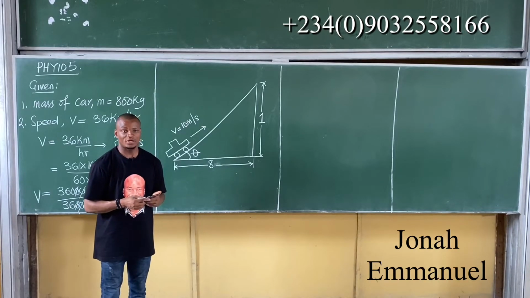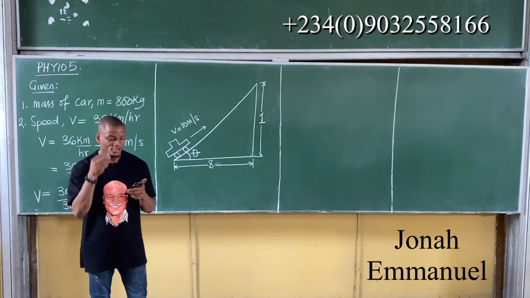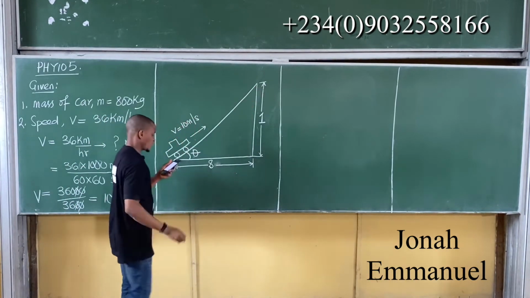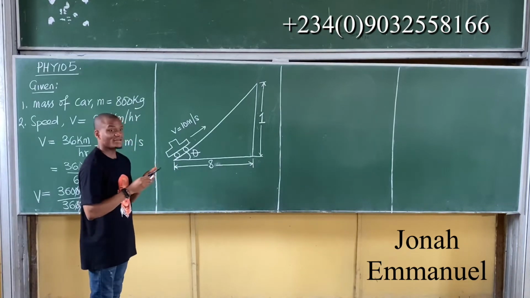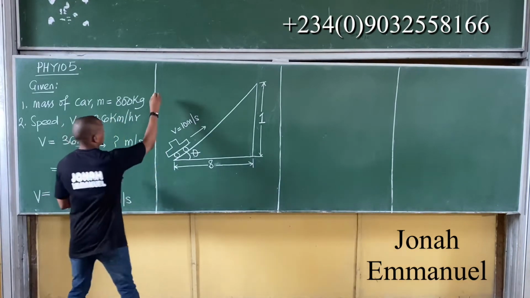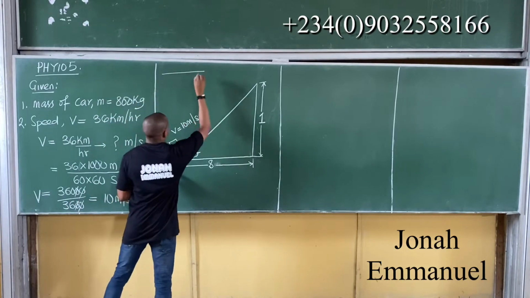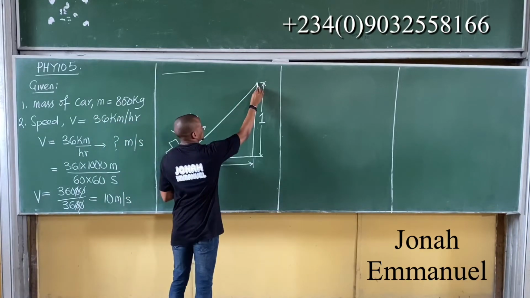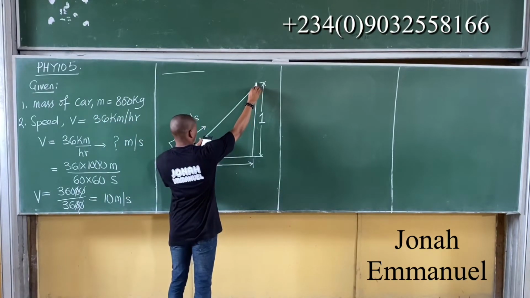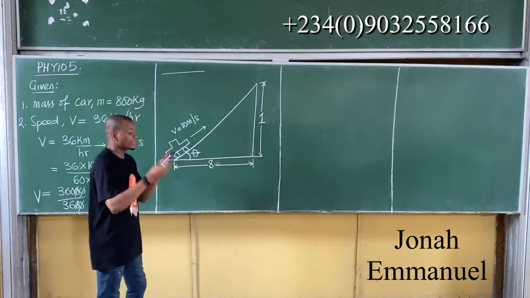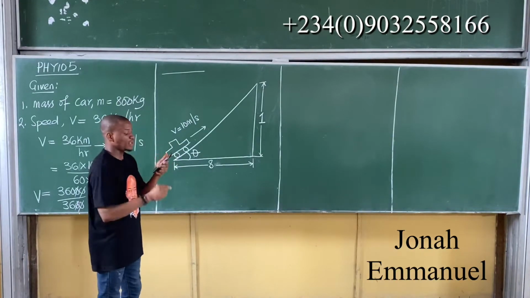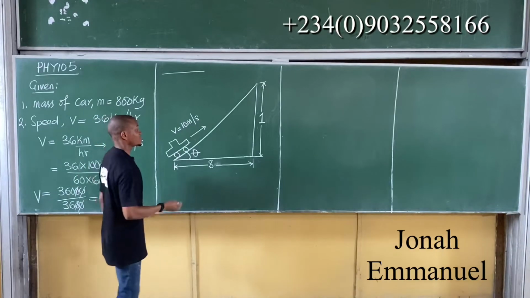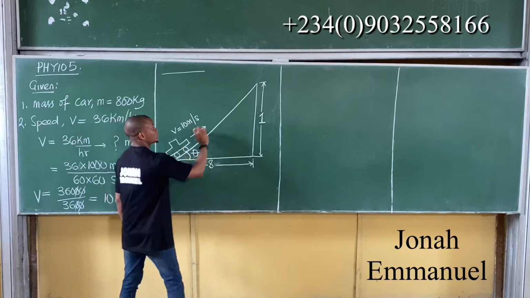Alright, so proceeding, we have that says the top of the hill. Now here's the top of the hill. So the top of the hill is at a horizontal distance. Now what we say horizontal will mean this, that's the horizontal line. The top of the hill, that's this point, is at a horizontal distance of 128 meters from the initial position of the car. Don't forget, the car is traveling from here up to this point.